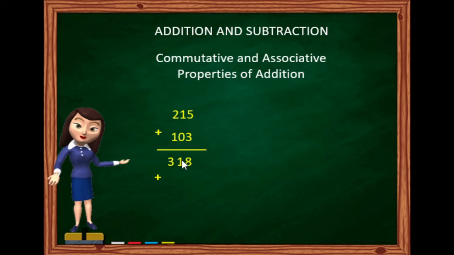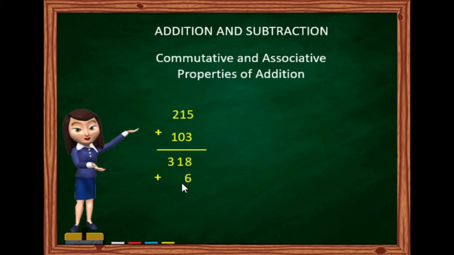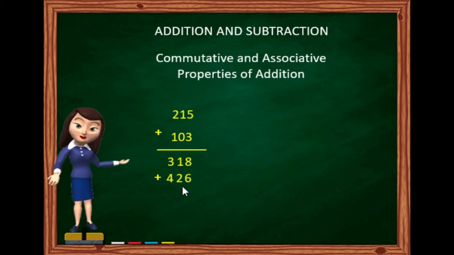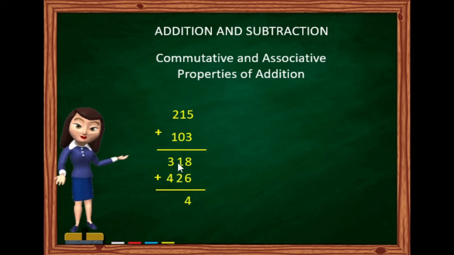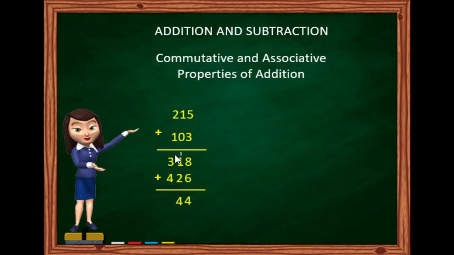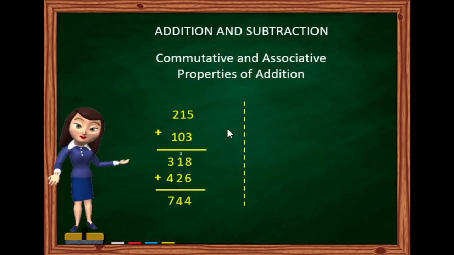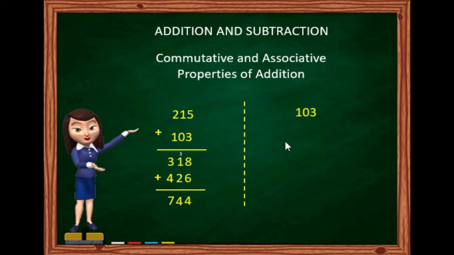Followed by the next number, 426. So we have here 8 plus 6, 14. Carry 1, 2 plus 2, 4. And then 3 plus 4 equals 7. So our first sum is 744.